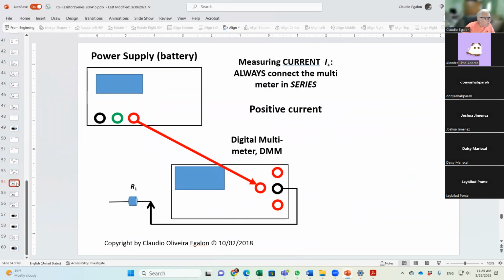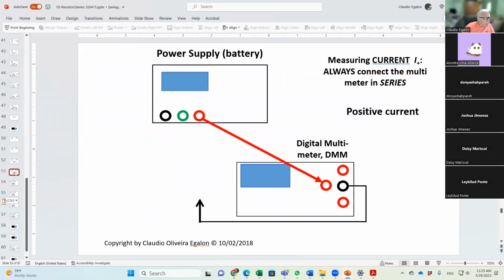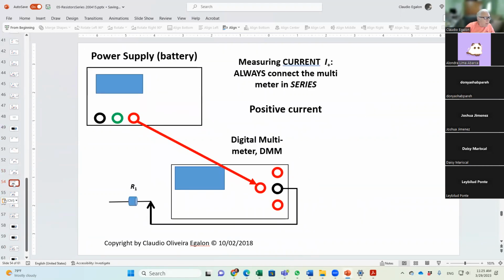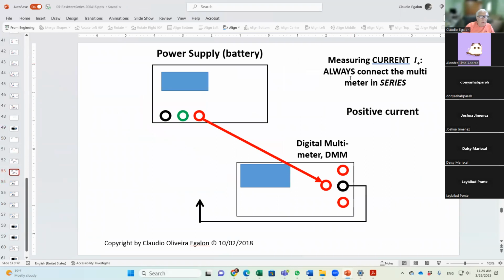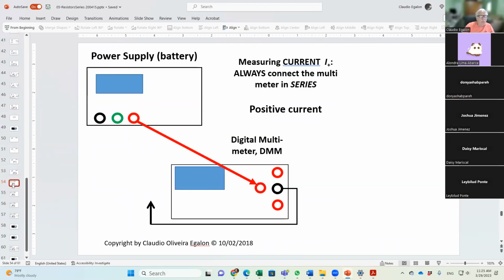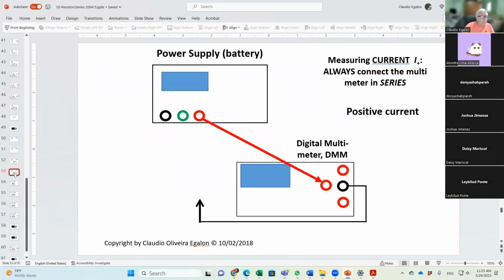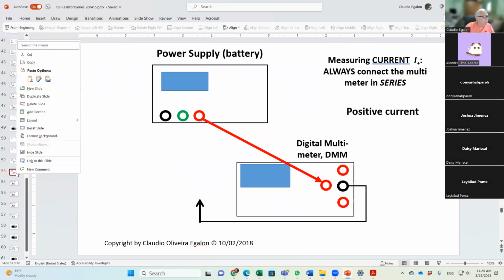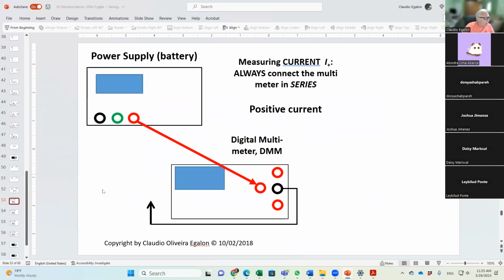I prefer, let's see. Yeah, I'm going to delete this one so it looks nicer, right? I'm going to measure, and always connect in series. Positive, yeah, good. So I don't need that anymore. Delete it.